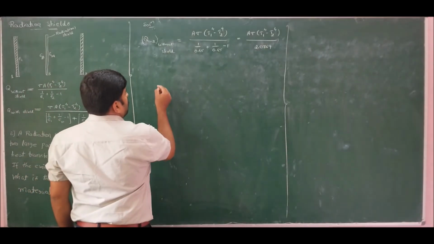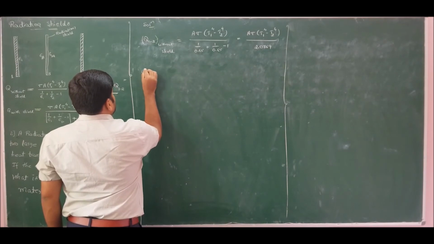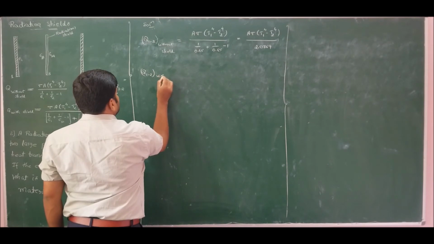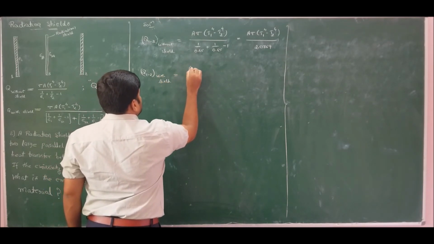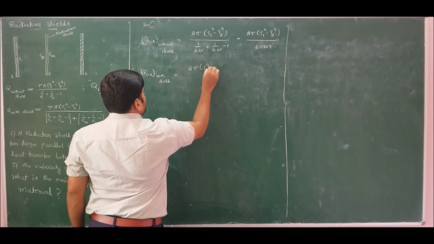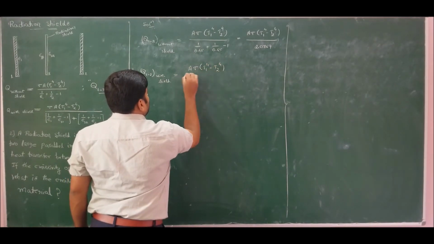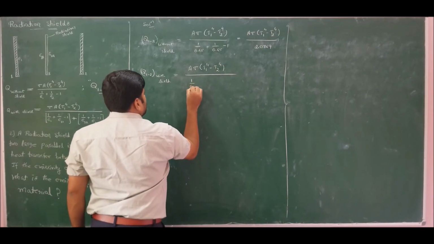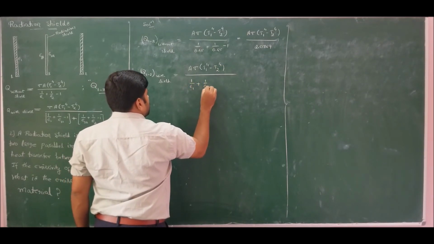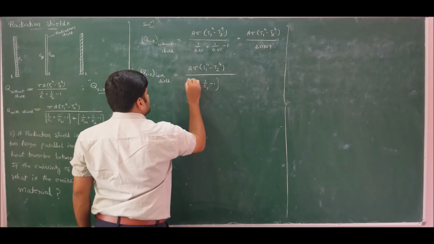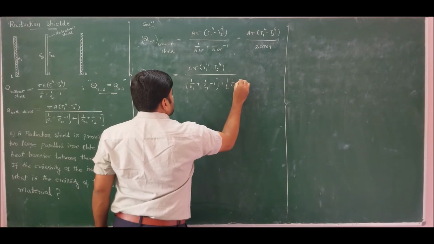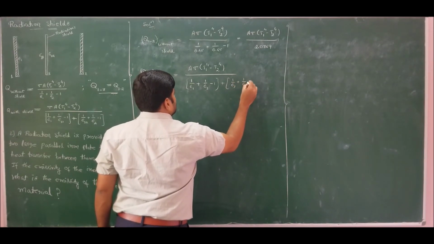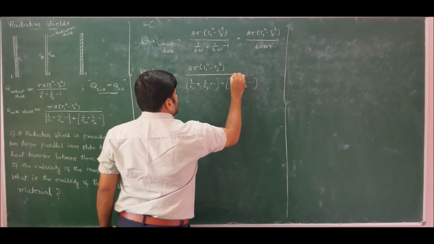Next, if I move ahead, radiation heat transfer between the plates with shield is given by A sigma (T1^4 minus T2^4) divided by 1 by epsilon 1 plus 1 by epsilon 3, that is the shield material, minus 1, plus 1 by epsilon 3 plus 1 by epsilon 2 minus 1.